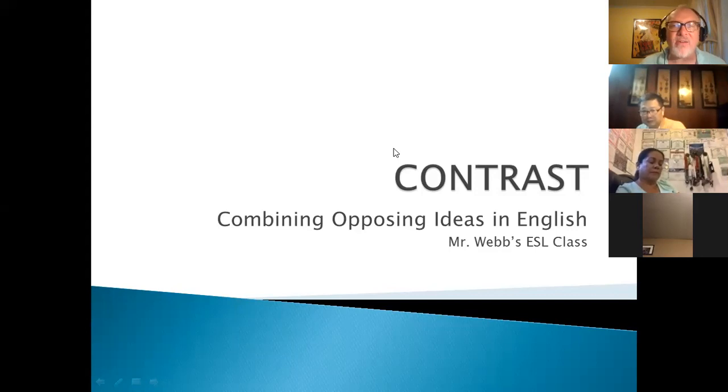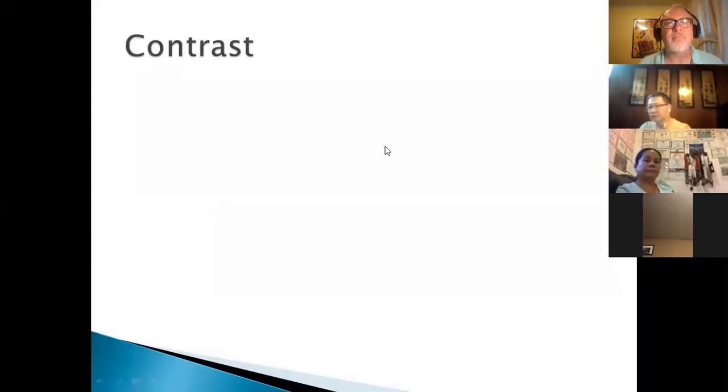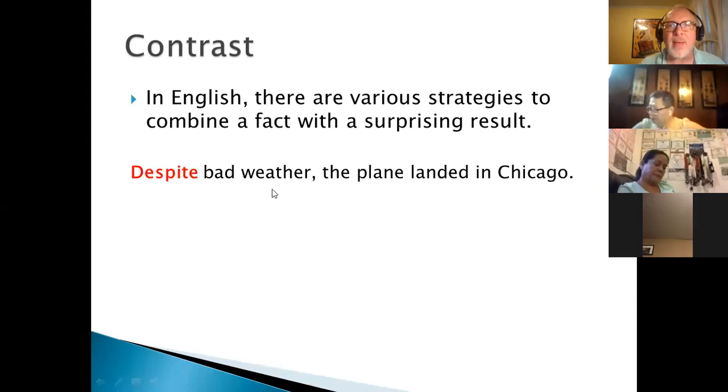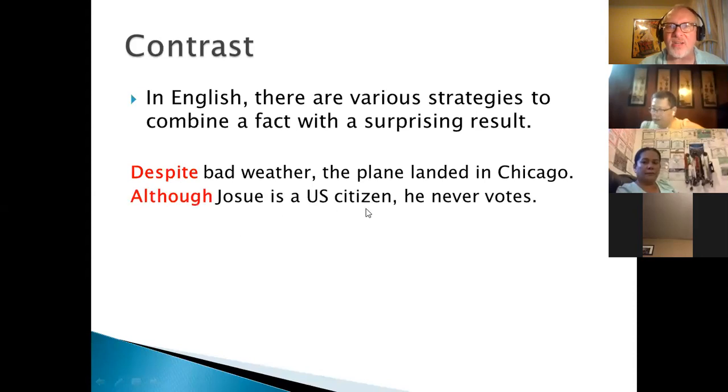So let's take a look at how we make contrast, the same way as we just had with causes and effects. In English, there are various strategies to combine a fact with a surprising result. Example: despite bad weather, the plane landed in Chicago. Although Josue is a US citizen, he never votes.